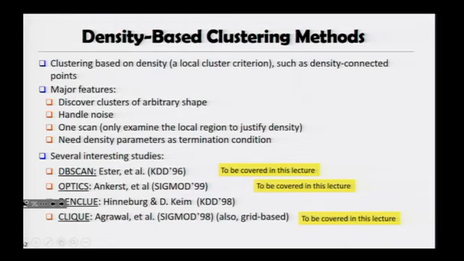And also, you can do just one scan over the whole data space to figure out these dense structures, and that is the benefit of time efficiency.